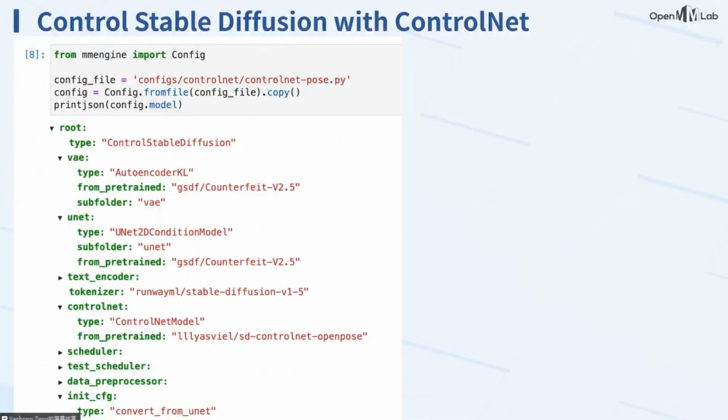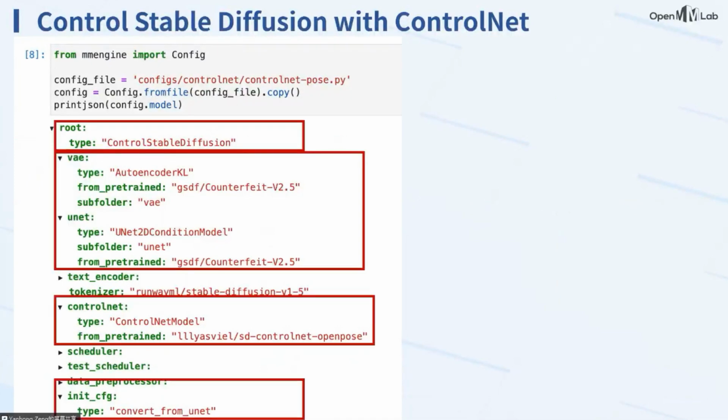To enable your own ControlNet in stable diffusion, we also need to load the provided ControlNet configuration files here.